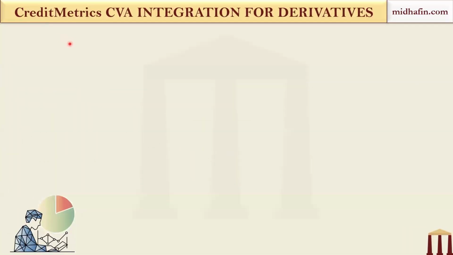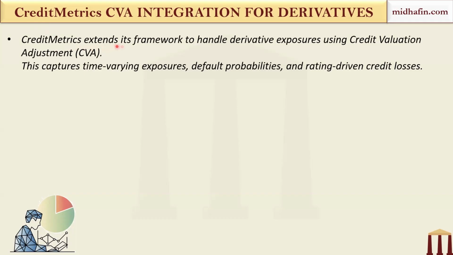Okay, this slide shows how CreditMetrics extends its framework to handle derivative exposures using the credit valuation adjustment, or CVA. In these cases, exposure changes over time. So we need to account for time varying exposures, time varying default probabilities, and rating driven credit losses.